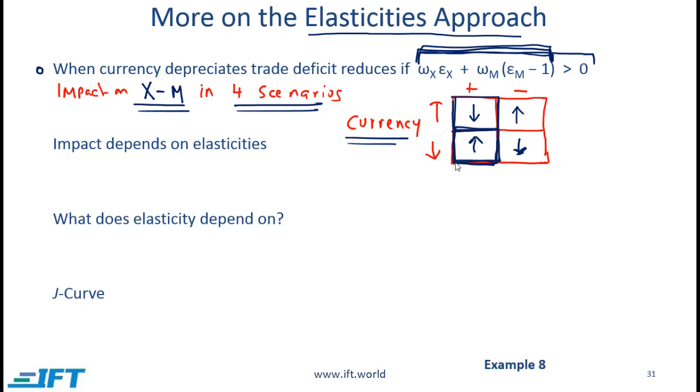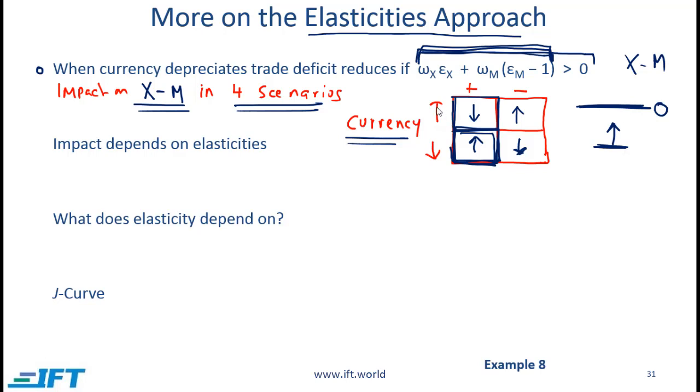We were over here and X minus M went up, which means that if we have a deficit, so if this is X minus M, a deficit means we are somewhere over here. Let's say that this is 0, neither a deficit nor a surplus. When we are in this box, then the deficit becomes less. In other words, X minus M is increasing.